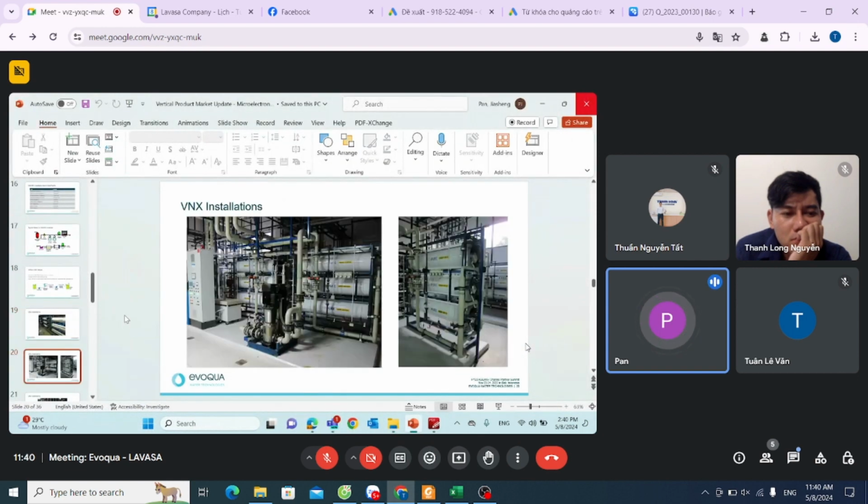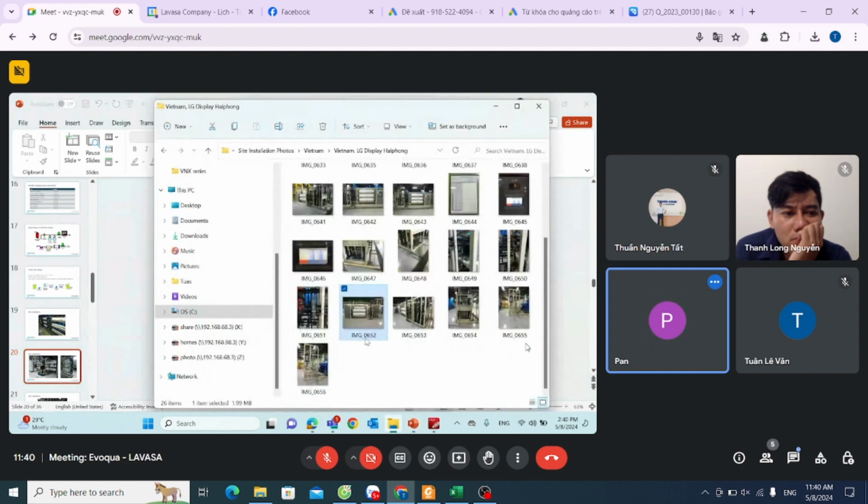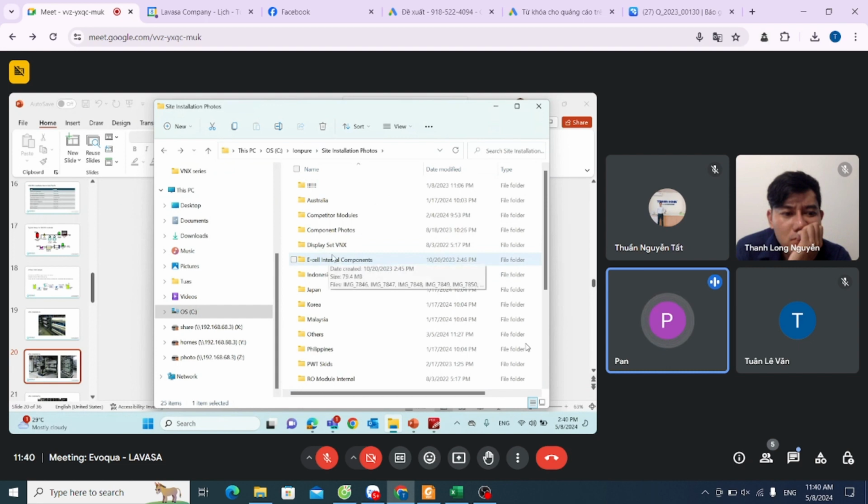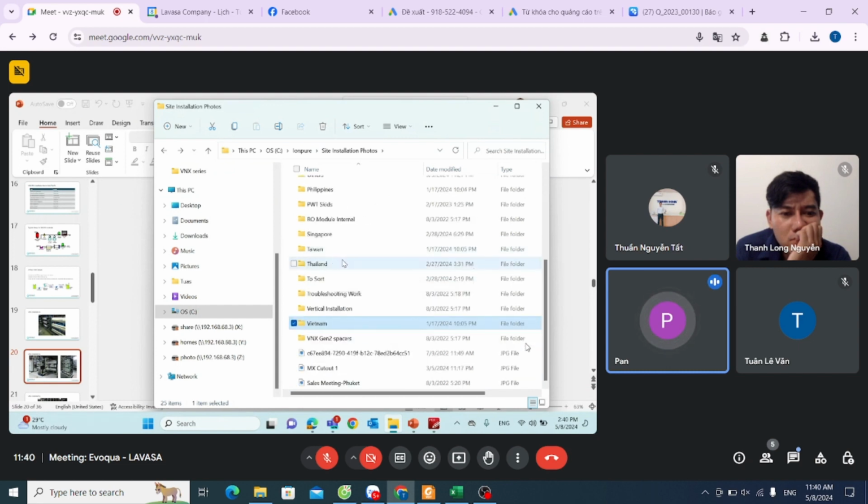Okay? Any questions you have on the pictures you see? Is there anything else that you want to see? You know, there's First Solar in Ho Chi Minh. First Solar is a German company, so they also expand in Asia. There's First Solar in Vietnam.